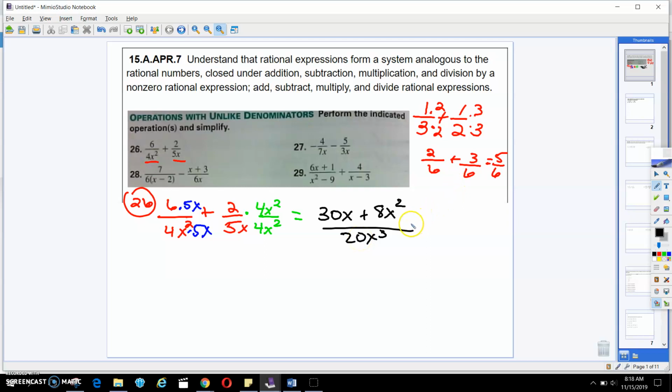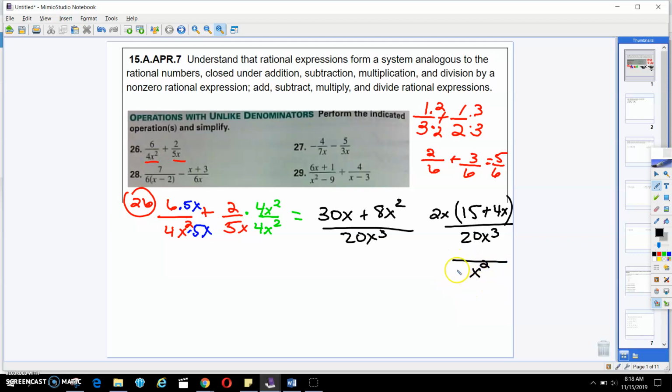And then we're going to see if we can simplify it. What we have in the top, we can actually factor out a 2x. So that's going to give me 2x times 15 plus 4x all over 20x to the third. As you can see, there's an x right here and an x cubed right here. We know from our exponent rules that that's going to be a subtraction, and we're going to have an x squared in the denominator.